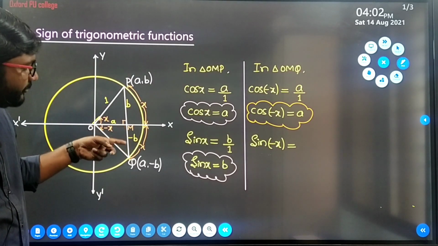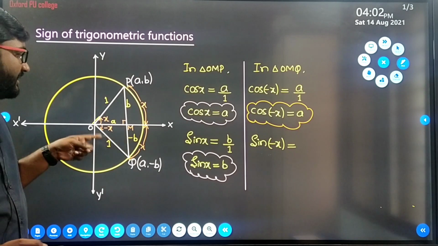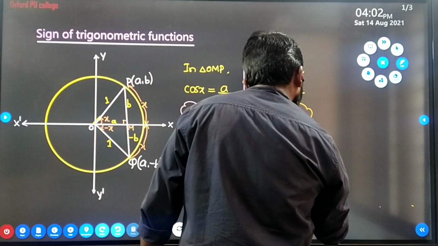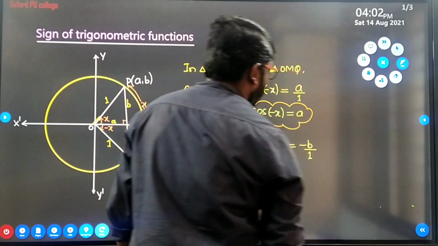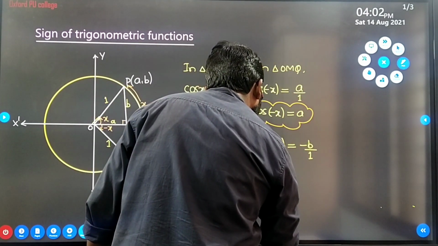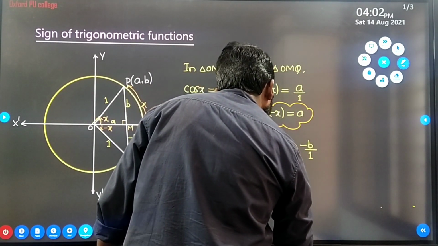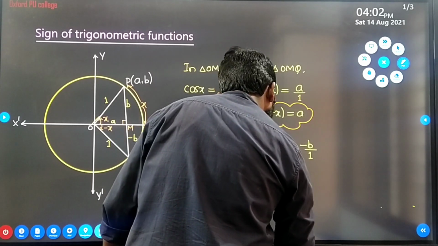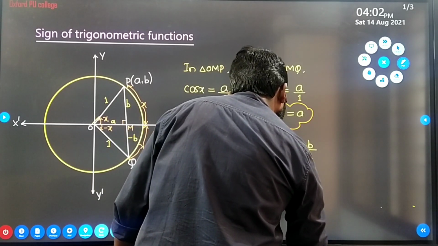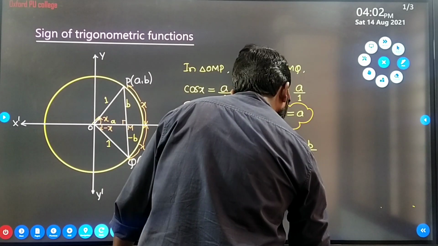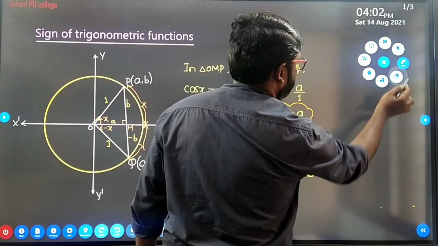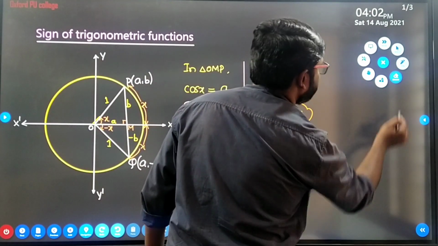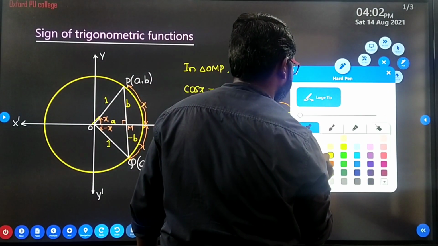What is MQ? It is minus b by 1. So overall we have minus b by 1. So sin of minus x is equal to minus b. So we have got the value of sin of minus x and cos of minus x.